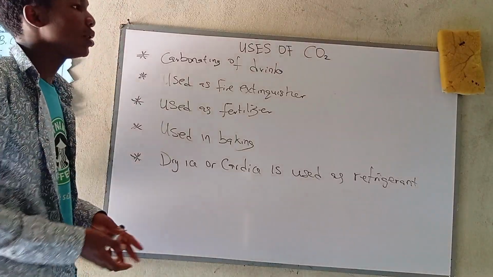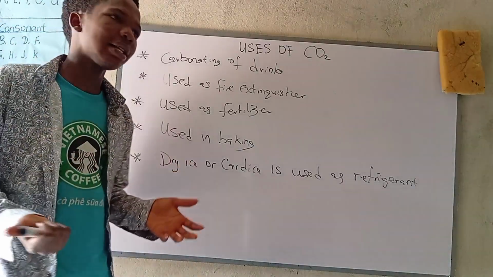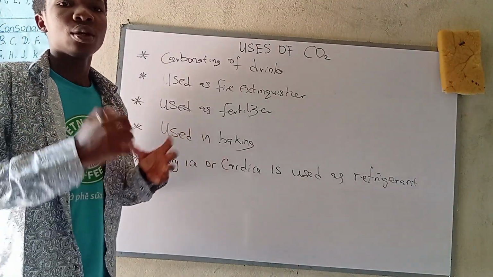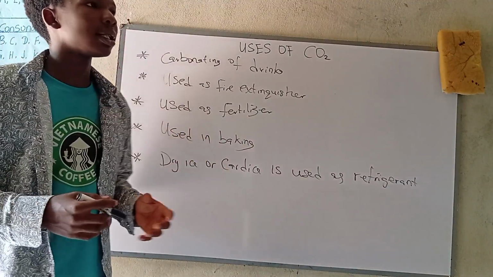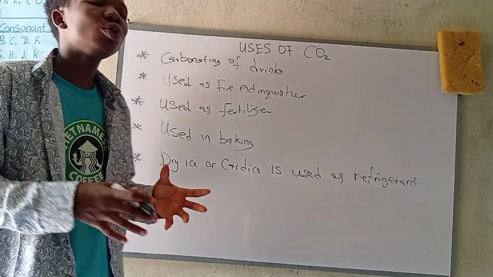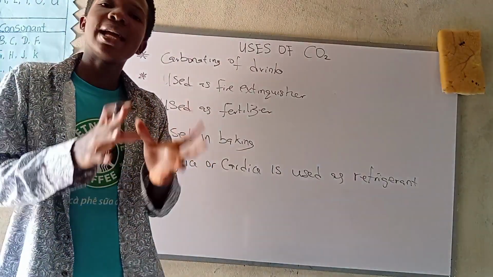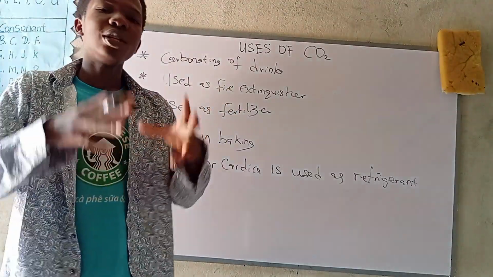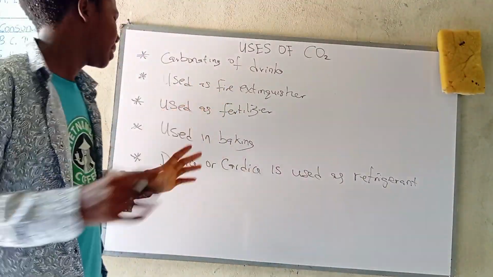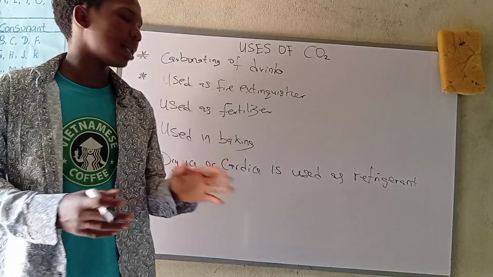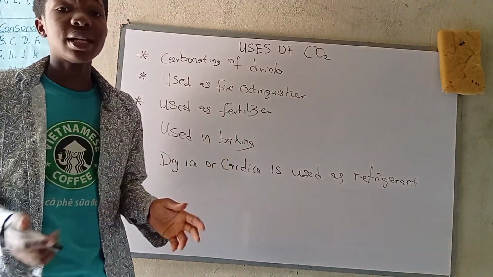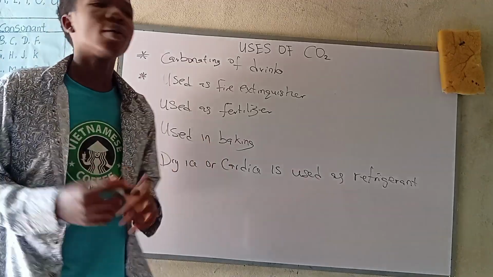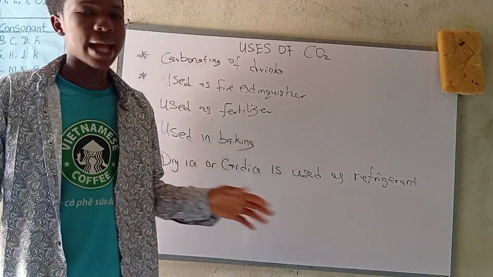Now, when CO2 is produced industrially or in laboratory, how do we turn it to dry ice or hard ice? It is now subjected to pressure, which will liquefy it before it's now compressed to the solid state, where it is now called dry ice or hard ice. So anytime you see a question like what is the solid state of CO2, what comes to your mind is dry ice or hard ice.